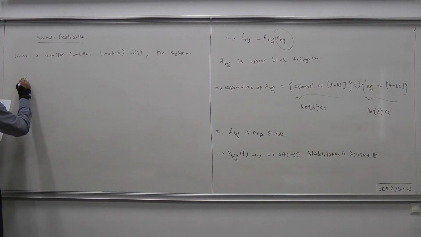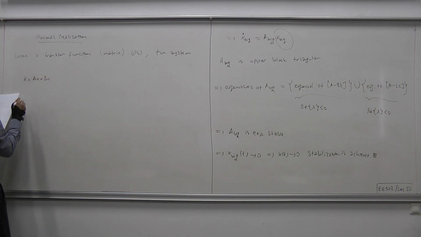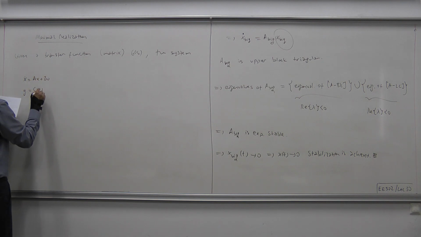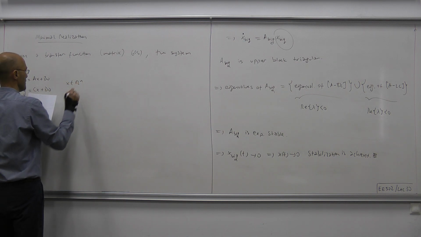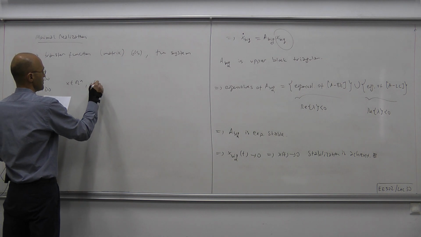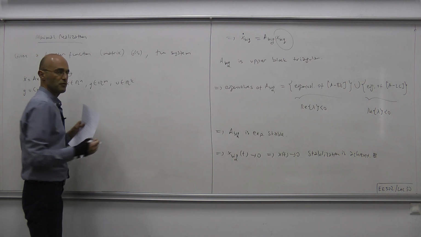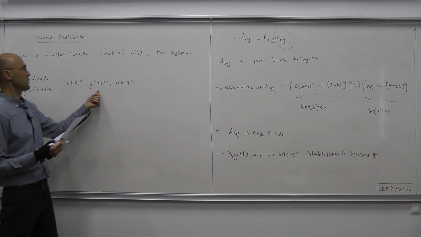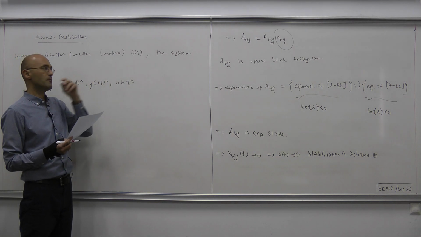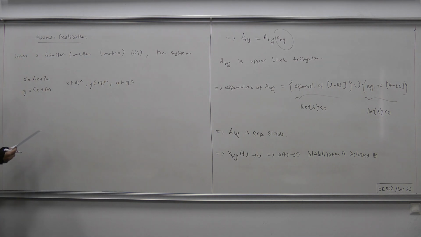So x dot equals Ax plus Bu, y equals Cx plus Du. x is in R^n, y is in R^m, and the input is a vector of size k. So in this case, for instance, G of s will be what? An m by k matrix.